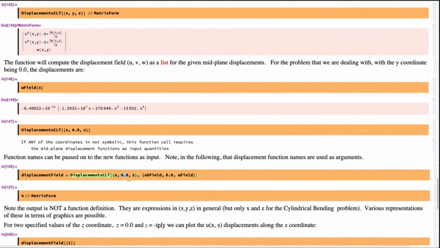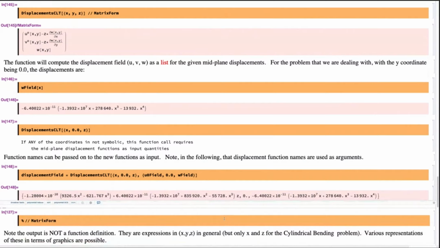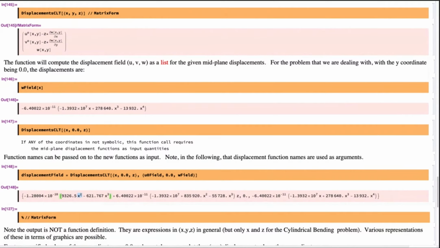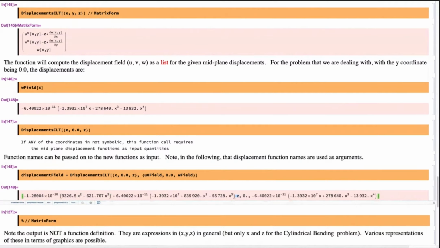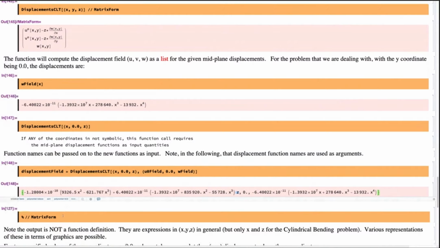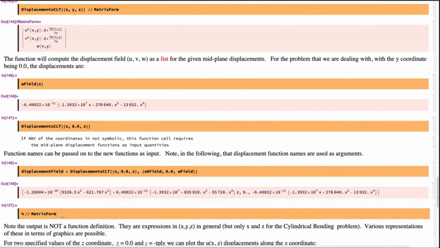As for Y coordinate, I'm going to put 0. And I'm going to put the U field in there, which I already computed, and W field, which I also already computed, and execute this. And this will be displacement field in terms of X coordinate and Z coordinate in matrix form.